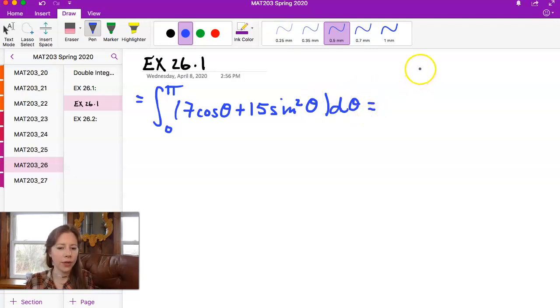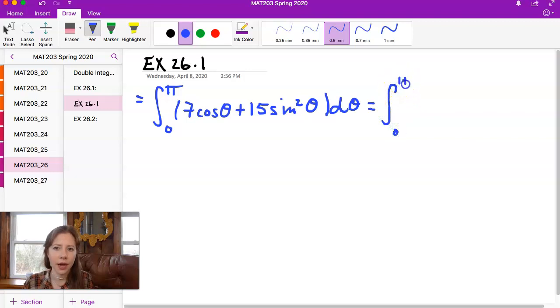We have a half angle identity we can use here. So let's rewrite this one more time. If we go from 0 to pi, we have 7 cosine theta.